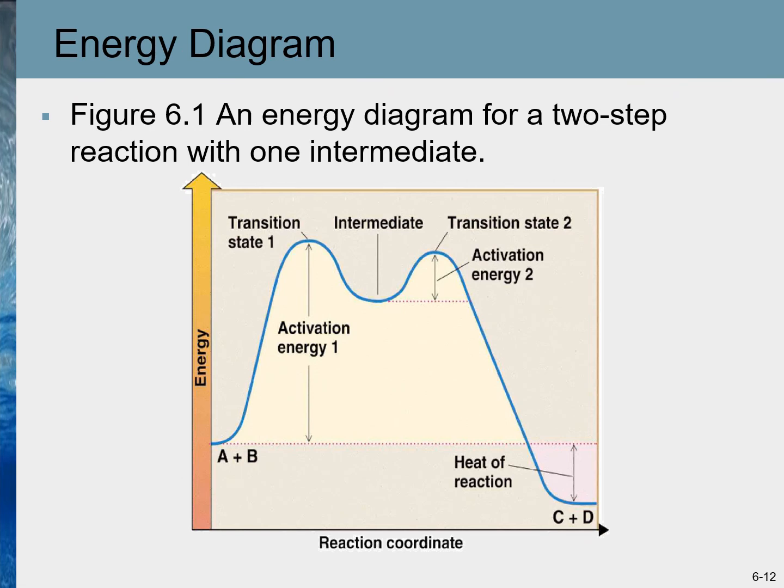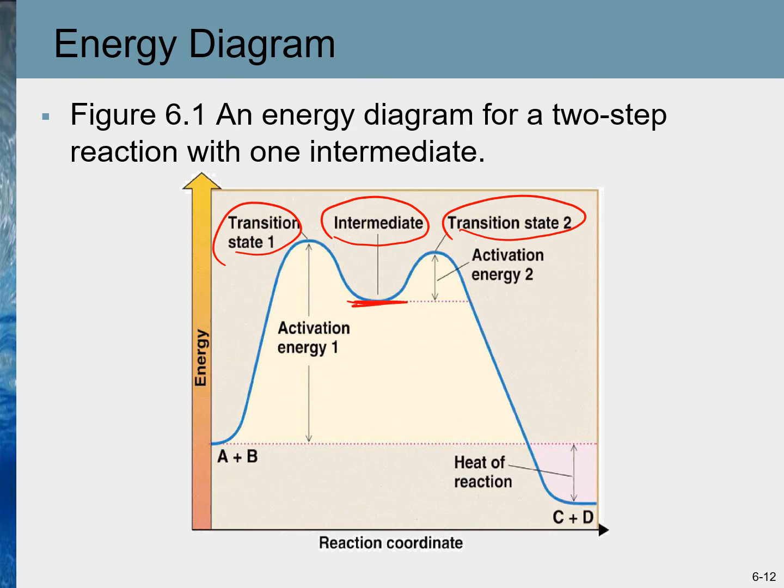In a reaction that occurs in two or more steps, each step has its own transition state and activation energy, as shown in this diagram. In these reactions, a reactive intermediate will form, and it corresponds to an energy minimum between two transition states.